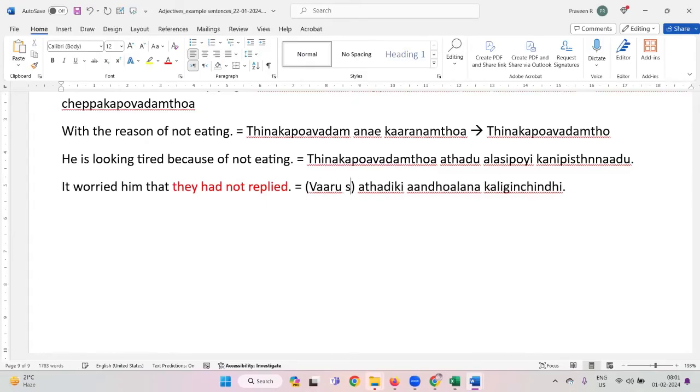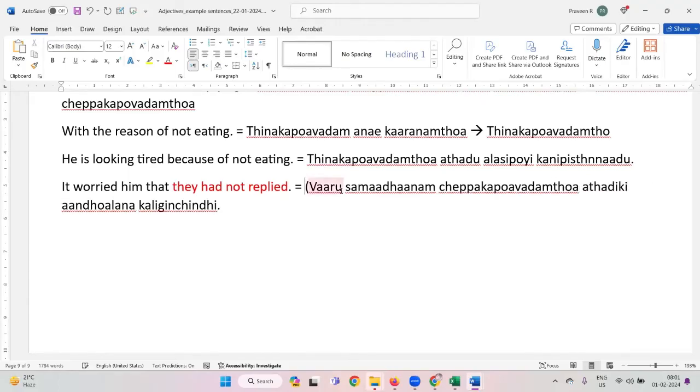వారు సమాధానం చెప్పకపోవడం. This is a reason అండి. వారు సమాధానం చెప్పకపోవడం. But just to make it a meaningful sentence, we need to add a meaning, that is with, like the reason of, like to.